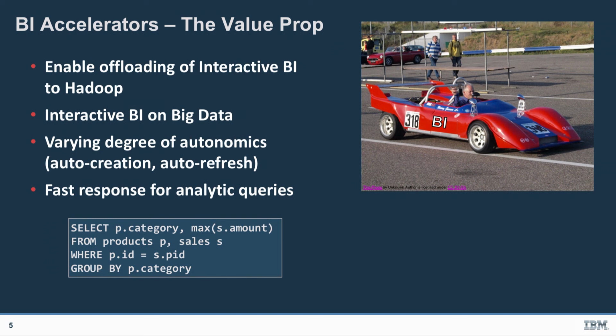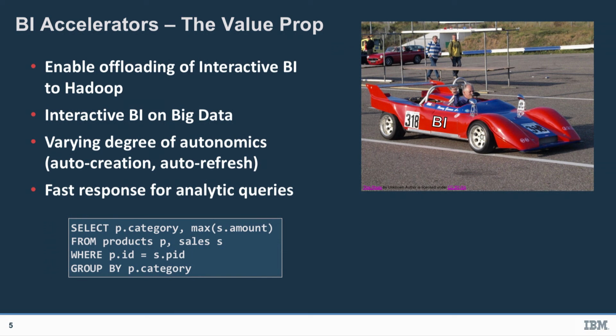Now you can use the BI accelerator to run BI and interactive analytics on that. Some of the tools have a good degree of autonomics. So when you want to get good performance, you need to build data structures on the side, kind of indices, materialized views, and some of the tools do most of that automatically, which is nice. But bottom line, they give you fast response for analytic queries, like the one at the bottom of the slide.